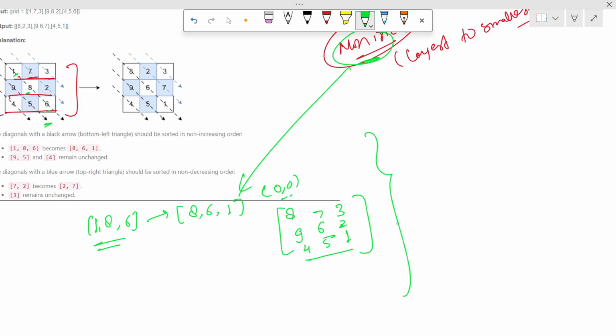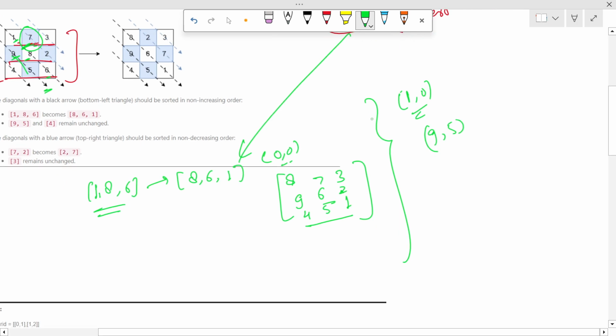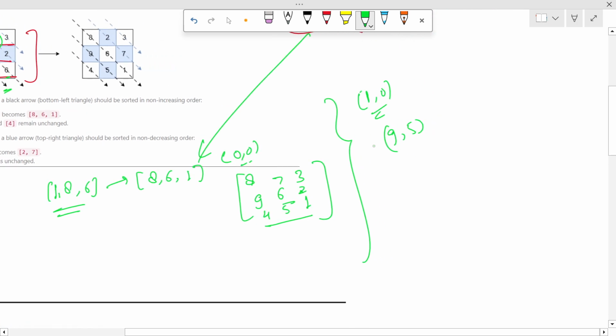In the second iteration we have 1 comma 0, and this diagonal is 9, 5, which we have to sort in descending order, and it is already sorted in descending order.